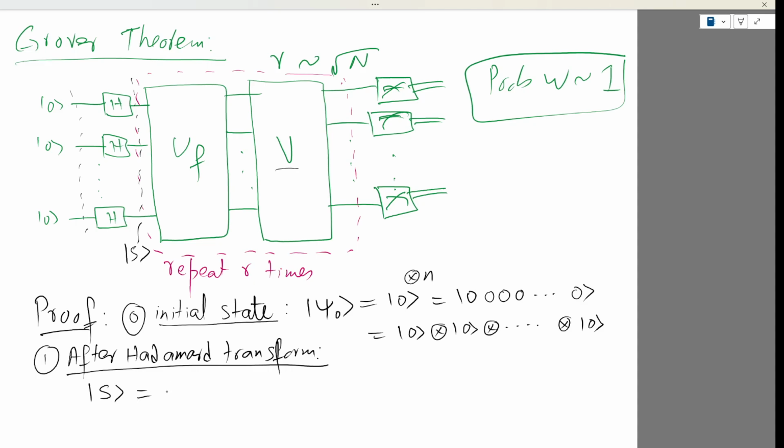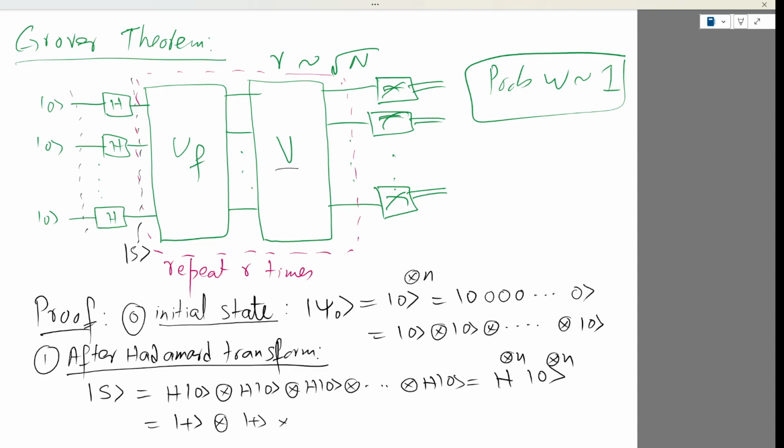S is basically Hadamard applied to each qubit, and we can also represent it as a shorthand notation like this. And we know that Hadamard transforms zero state into plus state, so we essentially have plus states on each of the qubits.